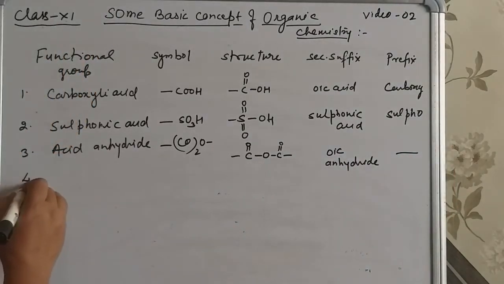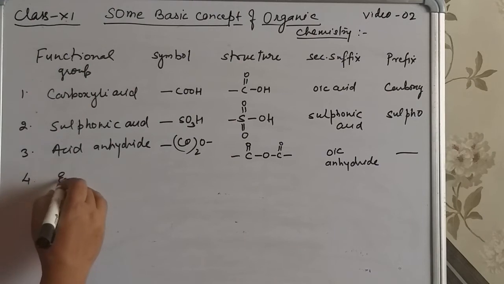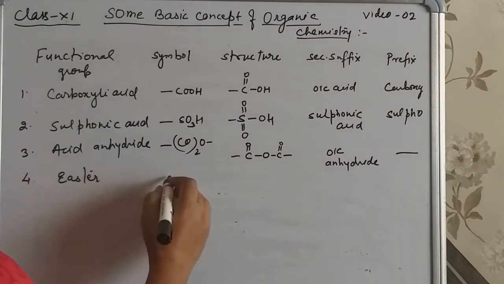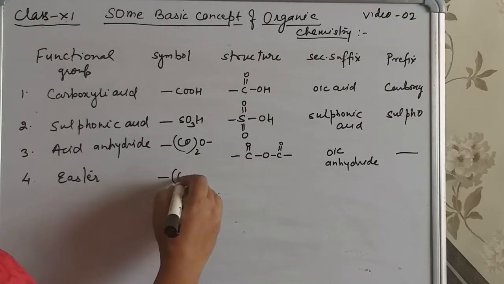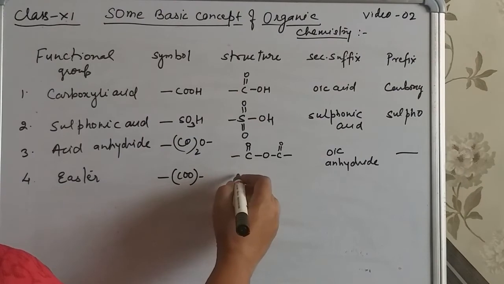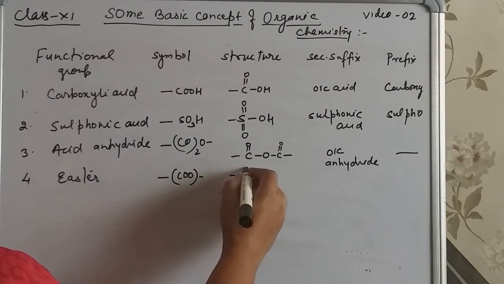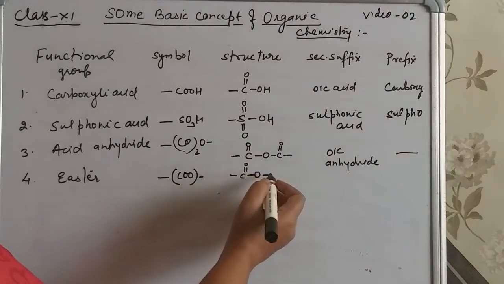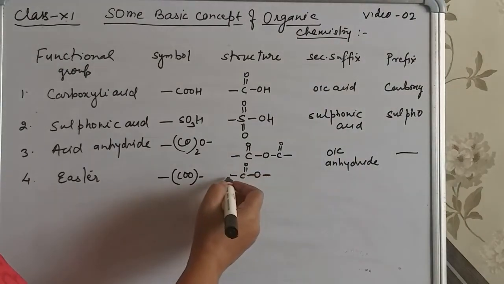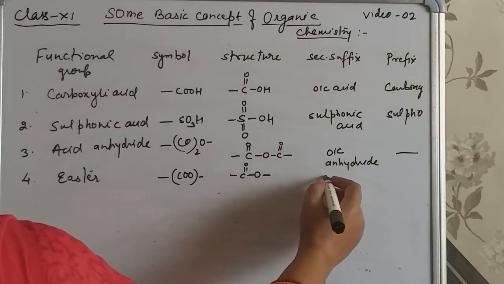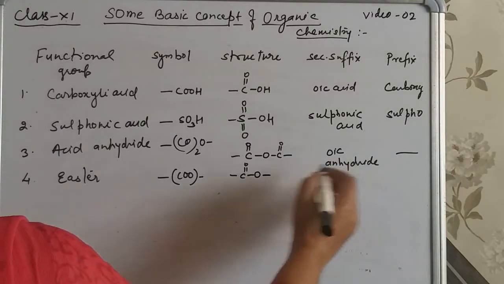Number 4, ester. The symbol is COO, and the structure is C double bond O, O. The valency is free from here, and here also the valency is free. And the secondary suffix is oate.